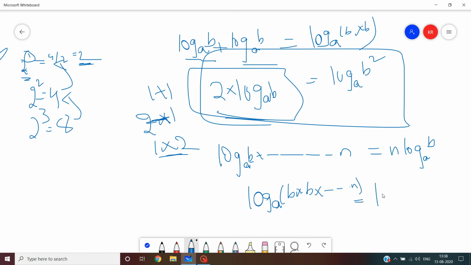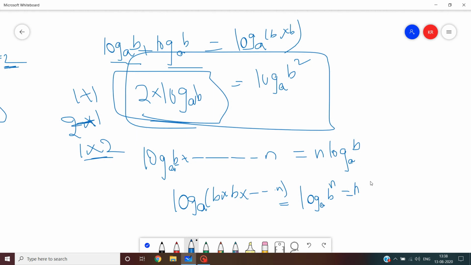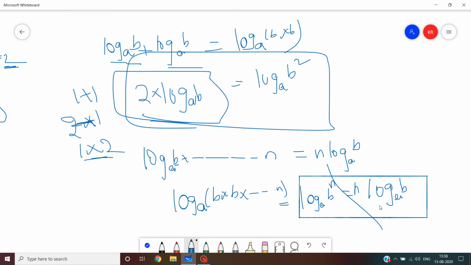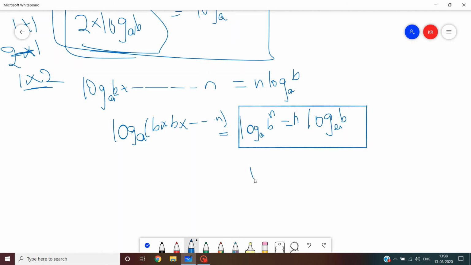So it will become log to the base a of b power n. So this b power n will be equal to my result right here. I have achieved here n into log base a of b. So when I'm having log 3 square, I'm saying 2 log 3, right? So this is the derivation for that one.